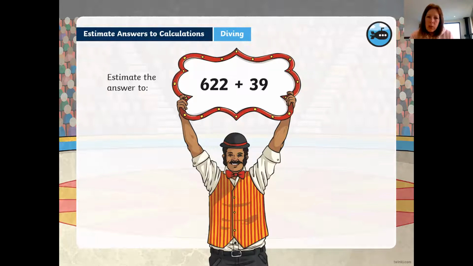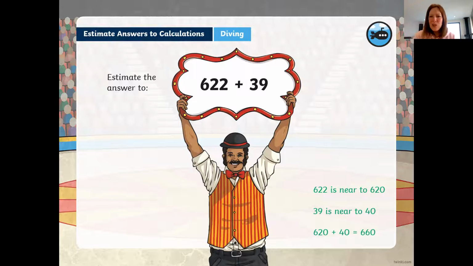That's the sort of question we have been looking at in our column addition work this week. Some of you might think, I can write my sum down and work it out. But before we do that, we really need to start thinking about estimating an answer. Think, right, I'm expecting it to be about this number before we go on to working it out.